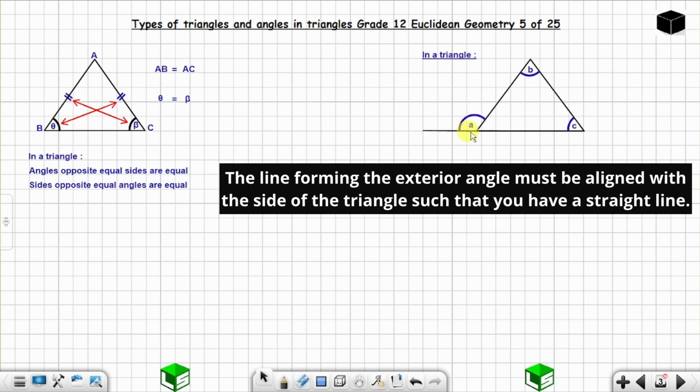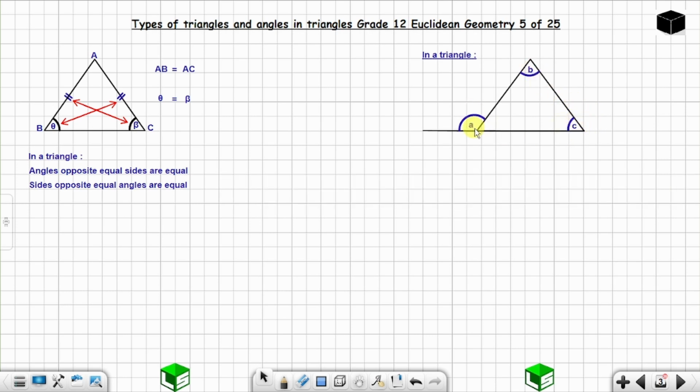Exterior meaning outside, interior meaning inside. So the angle A is equal to the angle B plus the angle C. In words, we say the exterior angle is equal to the two interior opposite angles of the triangle.